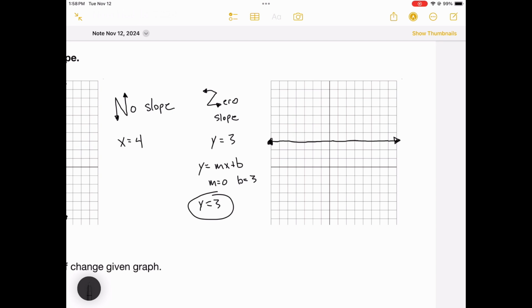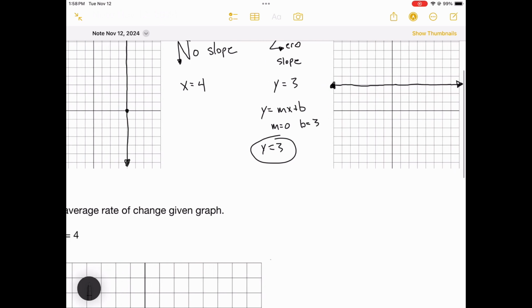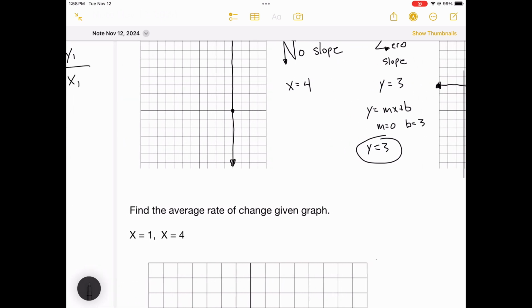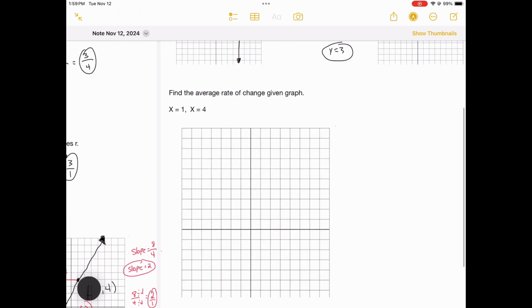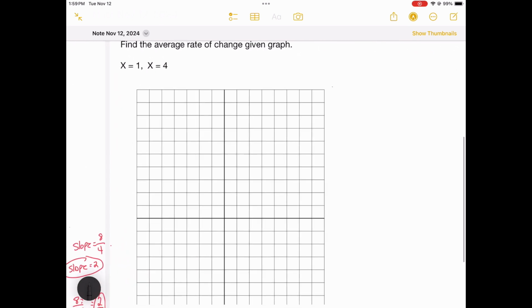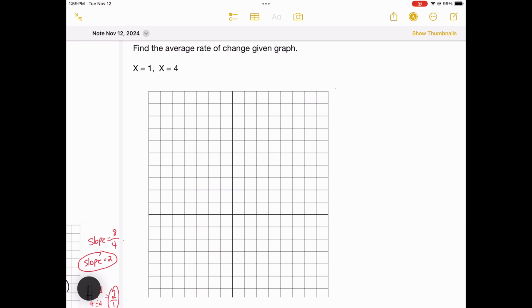All right, then the last but not least, we need to talk about how to find the average rate of change of a given graph. The one that you'll probably encounter, let's just do something that looks like this. Let me mark these on my graph here. 1, 2, 3, 4.